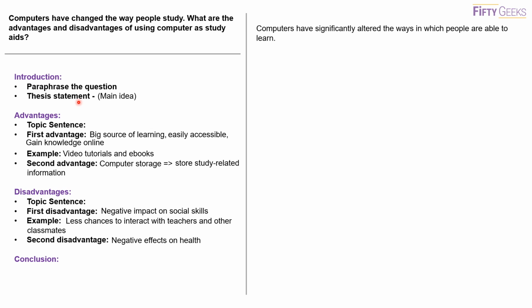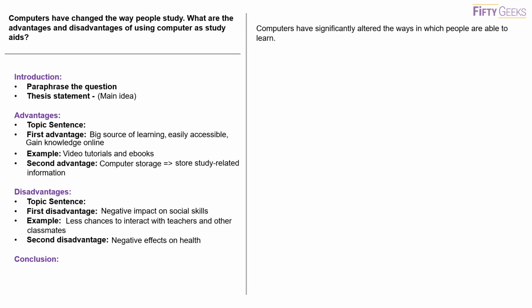in this essay. Here you will notice that the ideas on the advantages sides are related to educational purposes, whereas the ideas on the disadvantages side mention that computers may have negative impact on social skills and health.